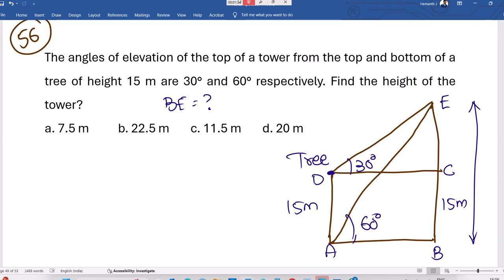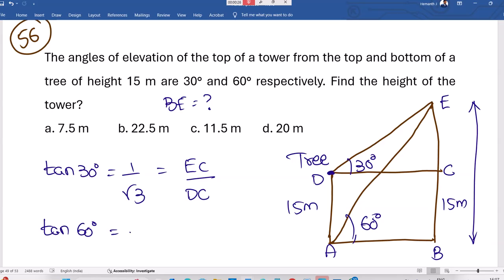You check once. So look into this question. What is tan 30 degrees? Tan 30 degrees is 1 by root 3. Okay. Here, in this one, EC divided by DC. Tan 60 degrees?